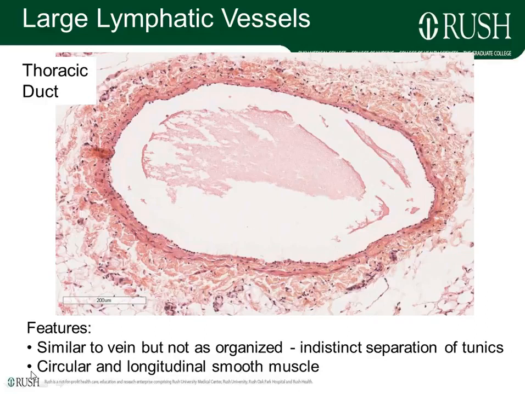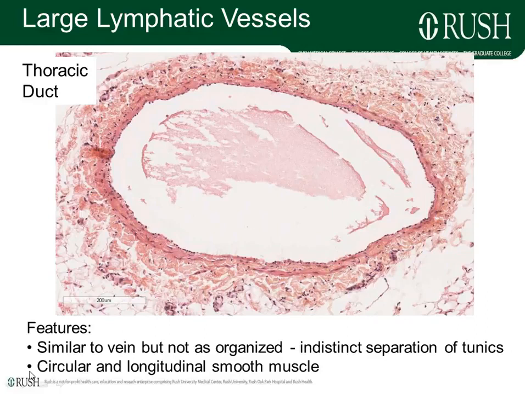Large lymphatic vessels, such as the thoracic duct, have features similar to a vein, but they're not as well organized. In other words, those tunics are very indistinct. It's hard to tell where the tunica intima ends and the tunica media starts, and sometimes even it can be difficult to see where the tunica media and the tunica adventitia are separated from one another. In this example, you can really see the tunica media pretty clearly.